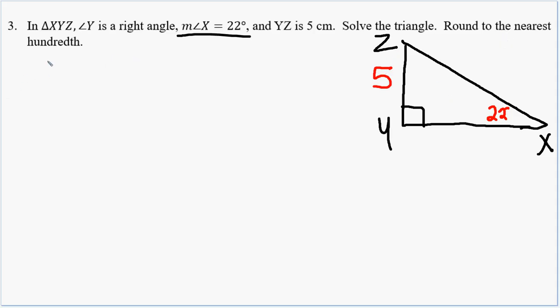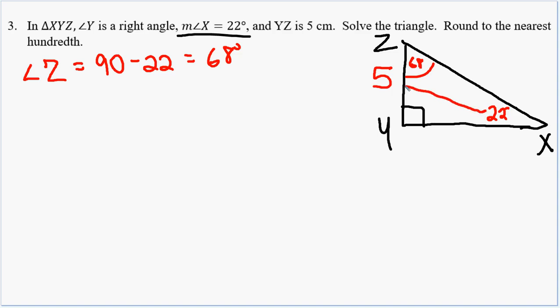So let's get rid of the easy stuff first. Angle Z is just equal to 90 minus 22. That is 68 degrees. Boom. And now, let's just see. I'm at the 22-degree angle. I have the opposite, and let's find the adjacent first. So that would be tangent.